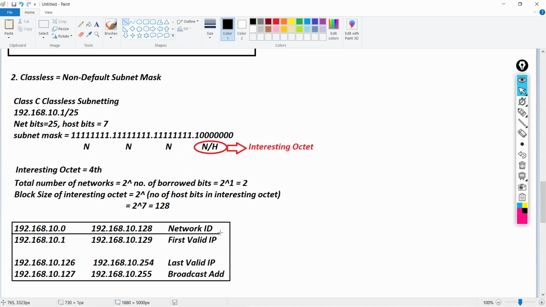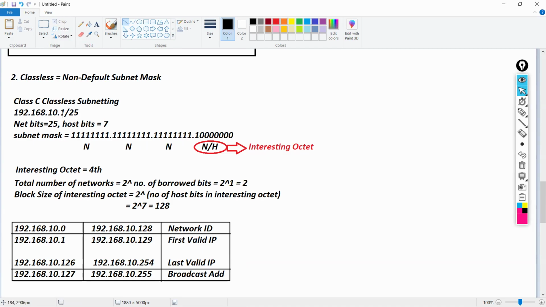Now, what was the IP address given to you? 10.1. Yes or no? Here in the question, the IP address given was 10.1. So in which range is it falling? Between 0 to 127 or 128 to 255? 0 to 127.